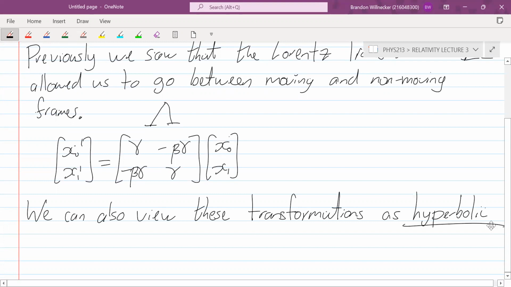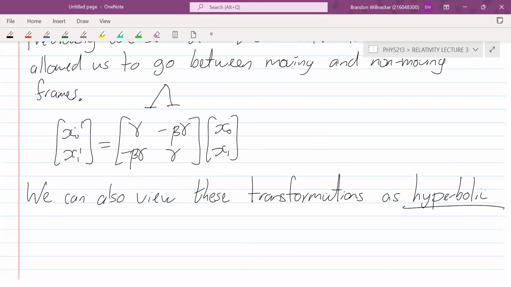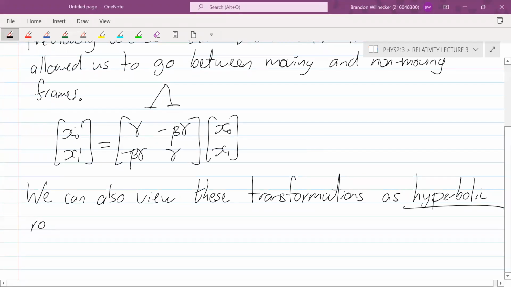Okay, emphasis on the hyperbolic part. It's not a usual Euclidean rotation. So hyperbolic rotation from one frame to another.